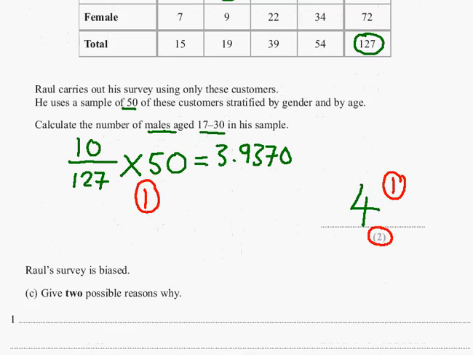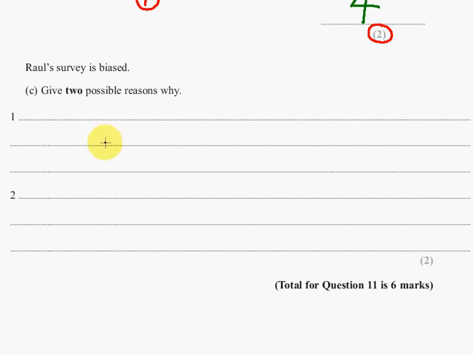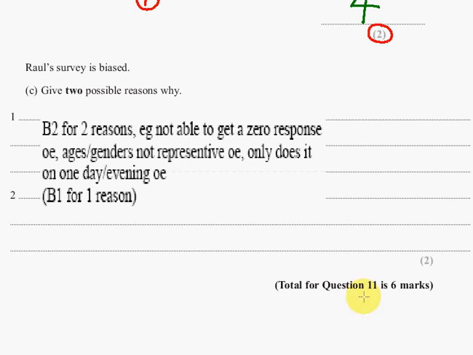I think the best way to do this is if I paste in a part of the mark scheme. So you can have any 2 reasons. This part is worth 2 marks, so 2 reasons would get 2 marks. 1 reason would get 1 mark. For example, not able to get 0 as a response.